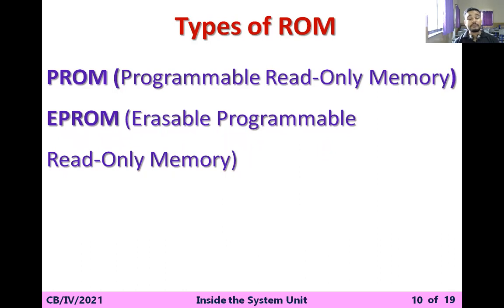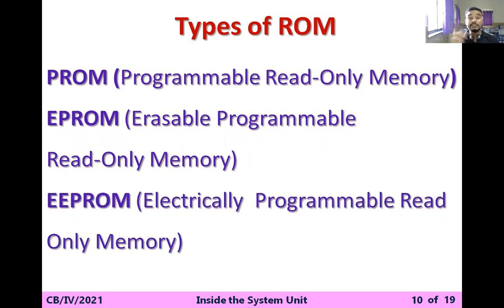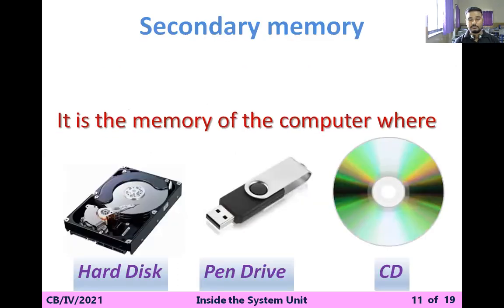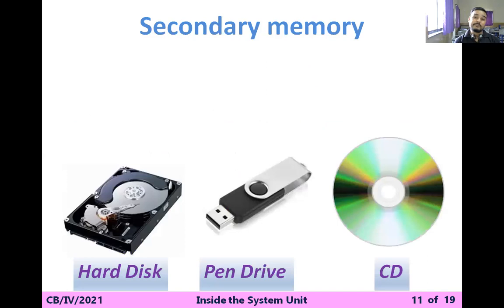Means if PROM has some content that we cannot change, we can use EPROM, by which we can change the content. Then there is EEPROM, that is electrically erasable programmable read-only memory. That also can store information and can be erased using electricity. This was about primary memory.